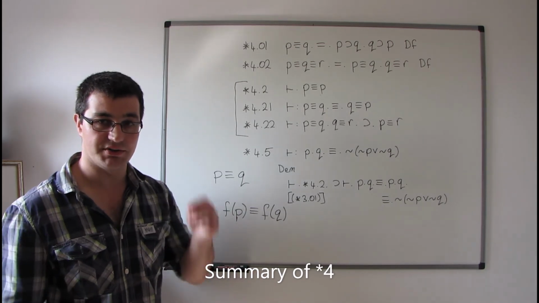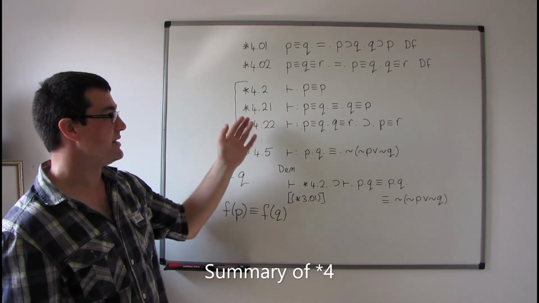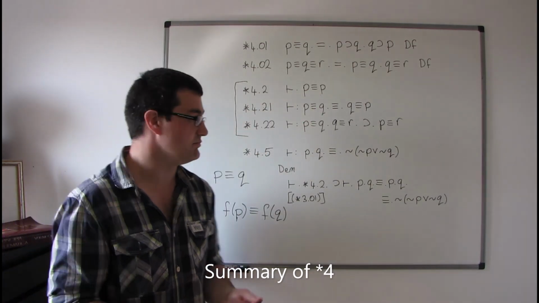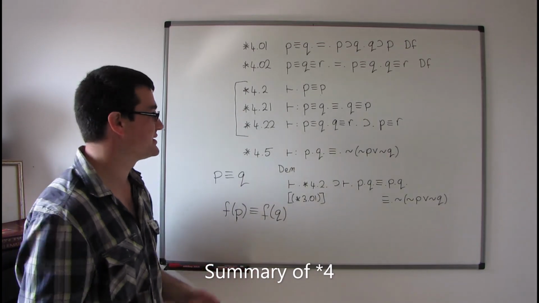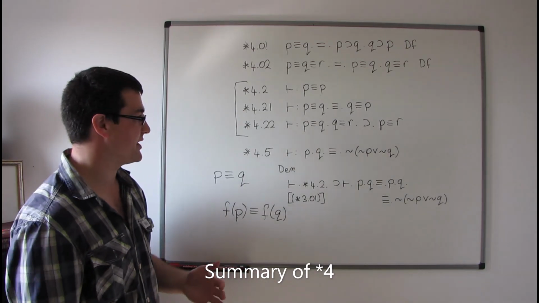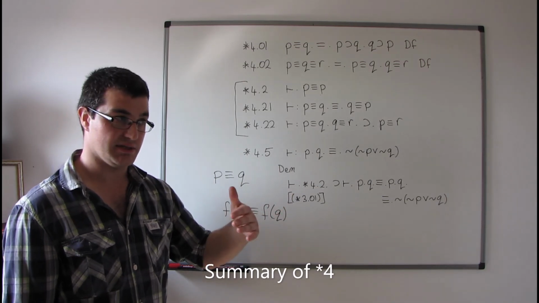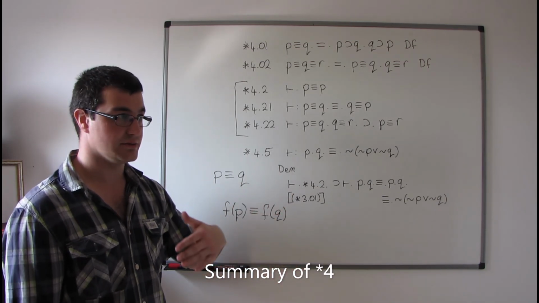I guess in modern terminology that would mean that this symbol is an equivalence relation, although we don't necessarily have that notion as we're going through Principia Mathematica, but we do have the notions of reflexivity, symmetry and transitivity.